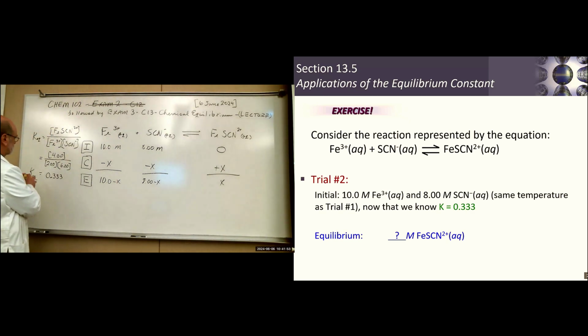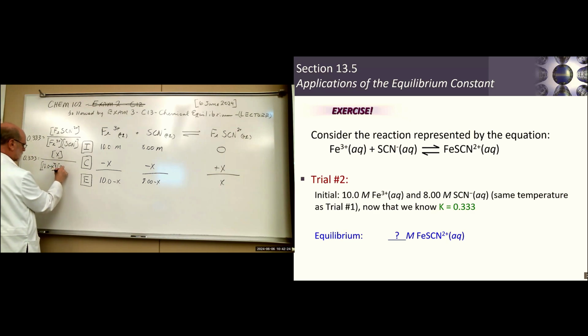So now, this is 0.333. So 0.333 equals what? X. Actually, to be consistent. There. And this is 10 minus X. And this is 8.